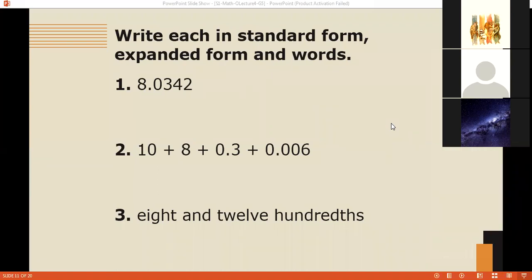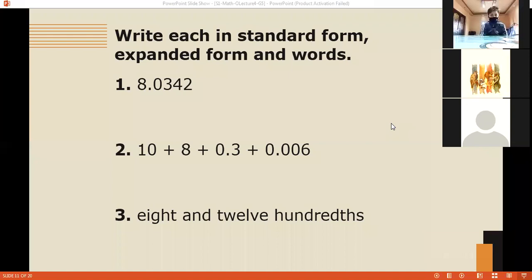Miss, can I do the second? Can you do this one again, Majid, and write it in expanded form, do you know? Yalla.